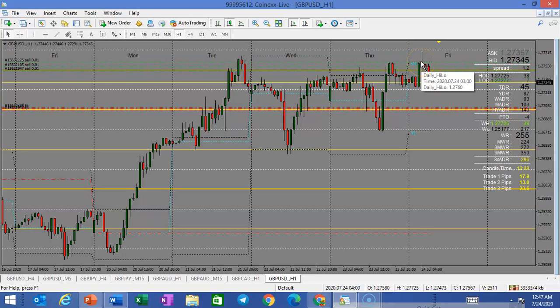And so it is fair to form a bias that price will continue to retrace this impulsive move until it hits a significant level. What's the next significant institutional level? It's the 1.2700 right here. Okay. It could even retrace down, continue to go down to this 1.26750. But this is the level that we are going to trade.